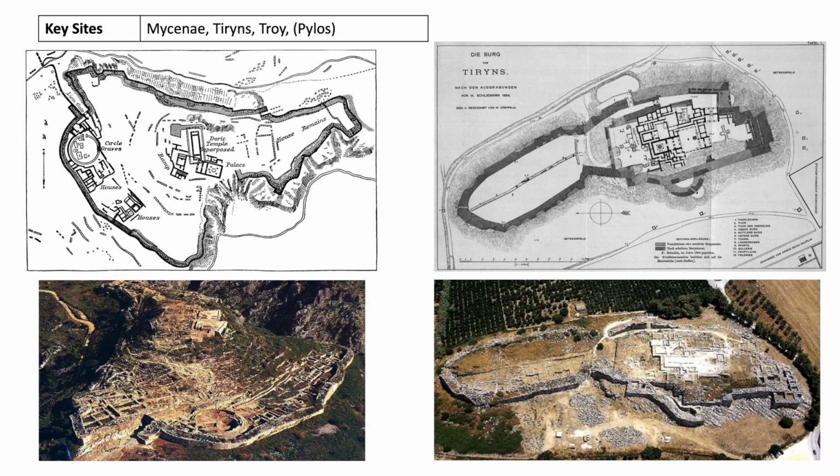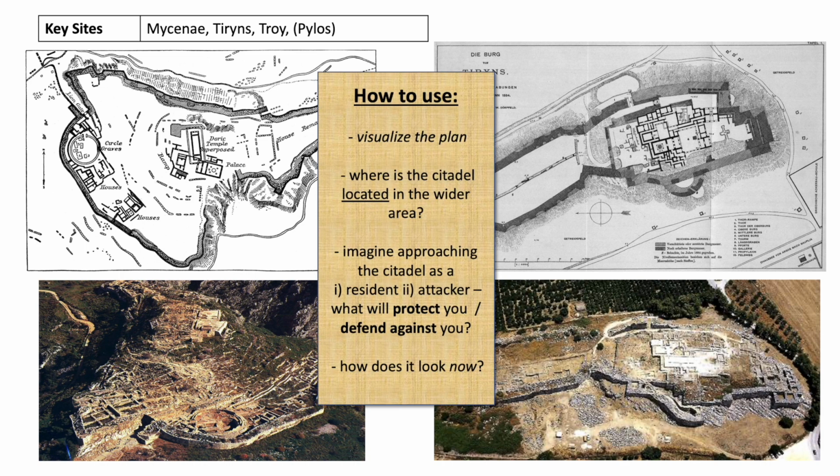And underneath we've got photographs of the landscape of what they look like now, Mycenae on the left and Tiryns on the right. Now, how you use these sources, when you're in an exam or when you're answering a question, first of all, visualise the plan, right? Look around the whole thing and then zoom in on the individual details. That will allow you to look at the whole thing without missing anything out.